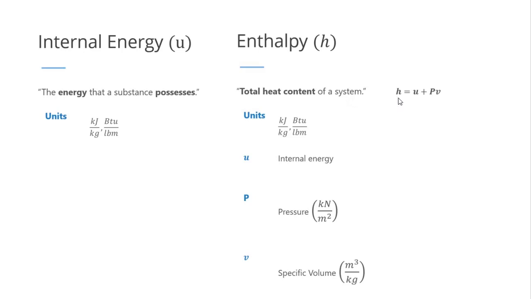Mathematically, enthalpy is the sum of internal energy and the product of pressure and volume, or specific volume rather. Units are the same as internal energy, with kilojoule per kilogram or BTU per pound mass.